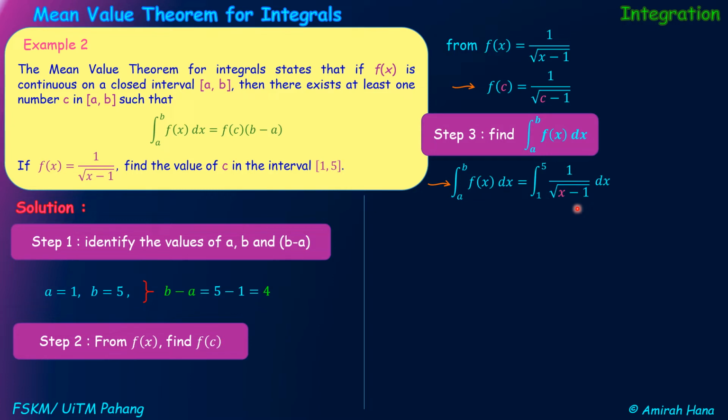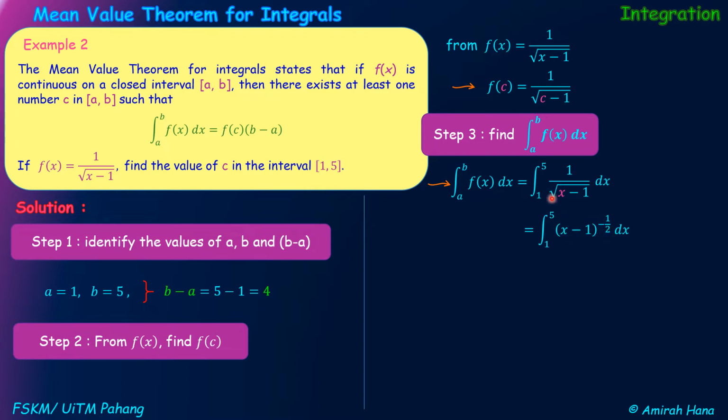So how to integrate this function? First we need to change into the form of indices. Using the properties of indices, we can write 1 over the square root of x minus 1 equals (x minus 1) to the power of negative half.